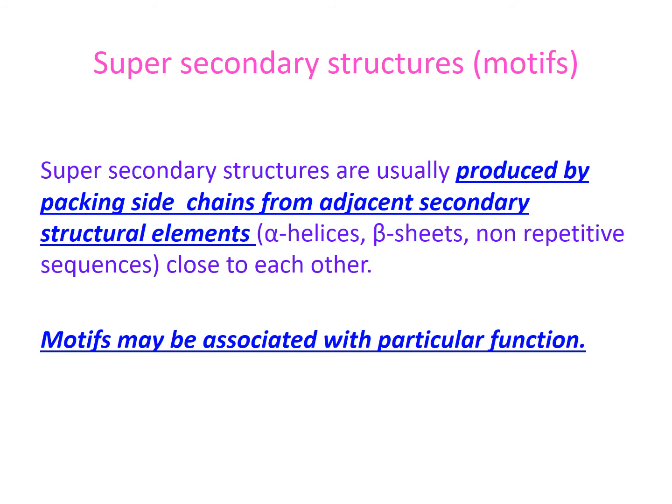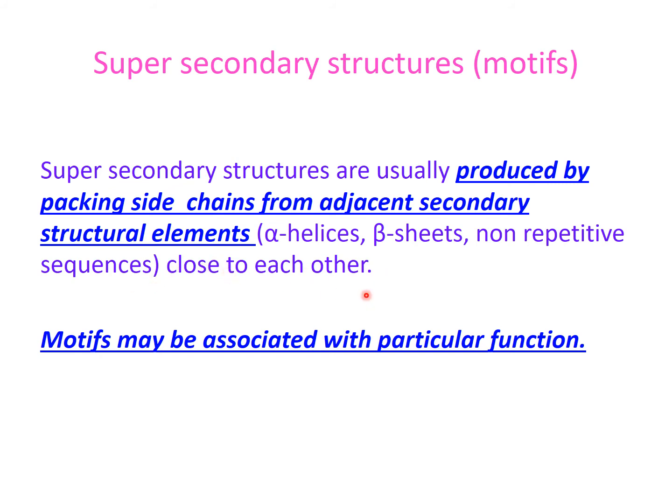Supersecondary structures, which are called motifs, are usually produced by packing side chains, that is the R groups of the different amino acids, from adjacent secondary structural elements. Structural elements in the secondary structure of protein are alpha helices, beta sheets, and non-repetitive sequences close to each other.